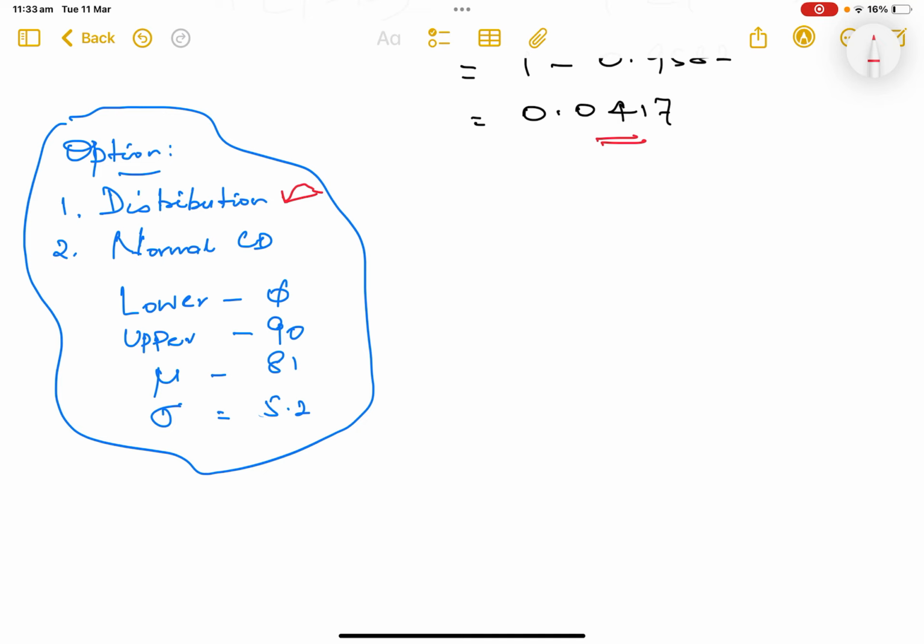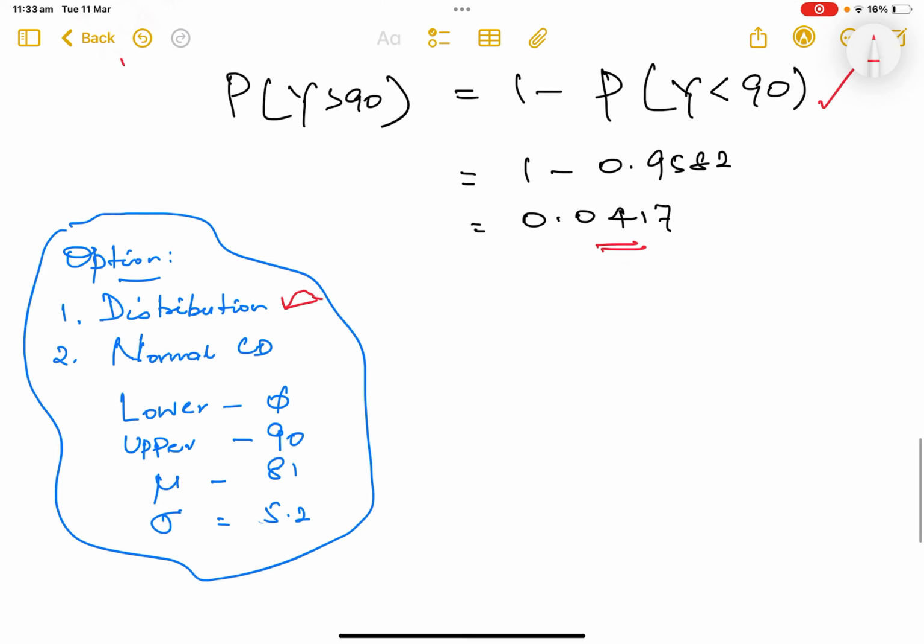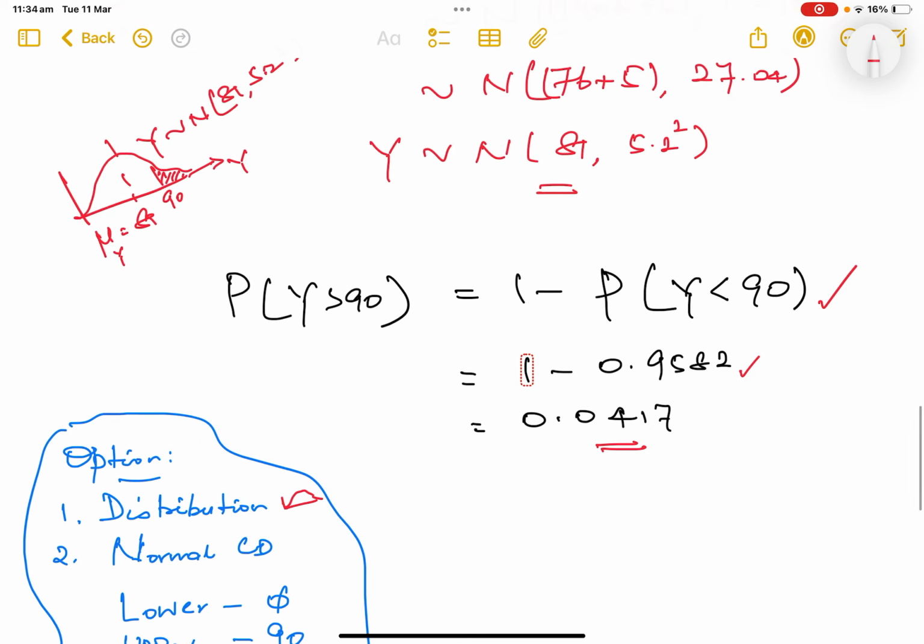Mu we have found is 81, and lambda is 5.2. Putting in all these values, the probability of Y less than 90 is 0.9582. So 1 minus 0.9582 gives the probability we need, which is 0.0417.